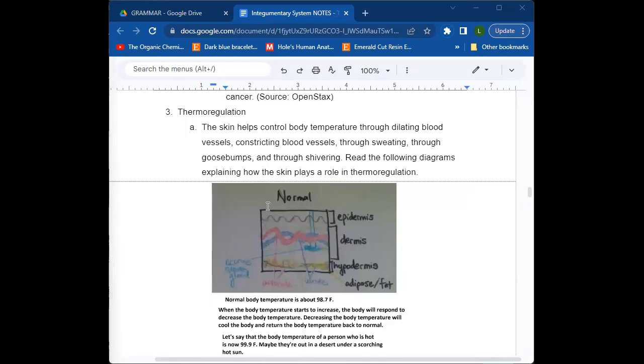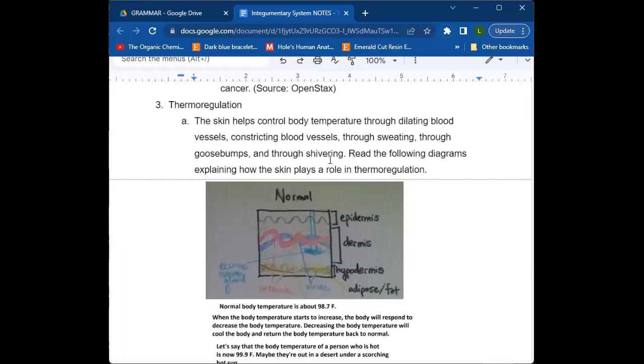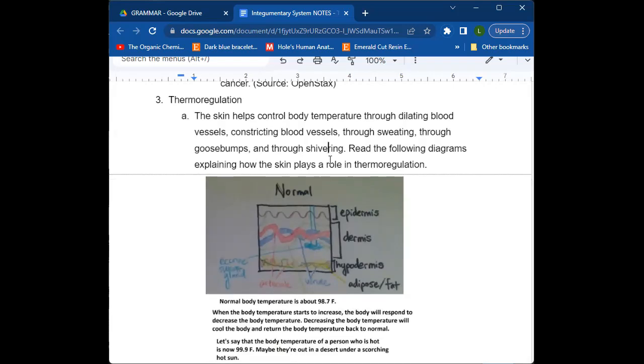Now for thermoregulation, the skin can help control body temperature through dilating blood vessels, constricting blood vessels, sweating, goosebumps, and shivering.